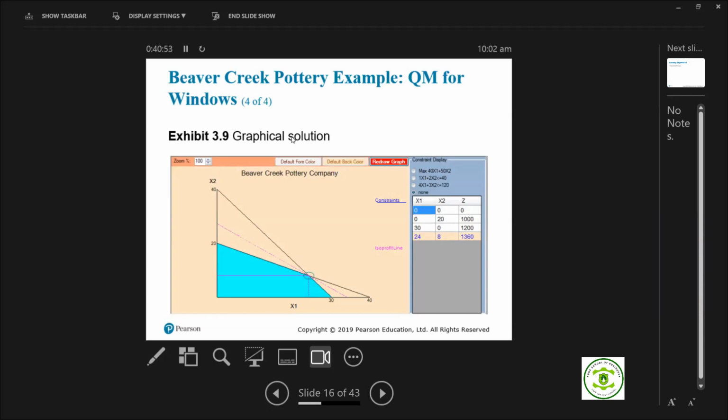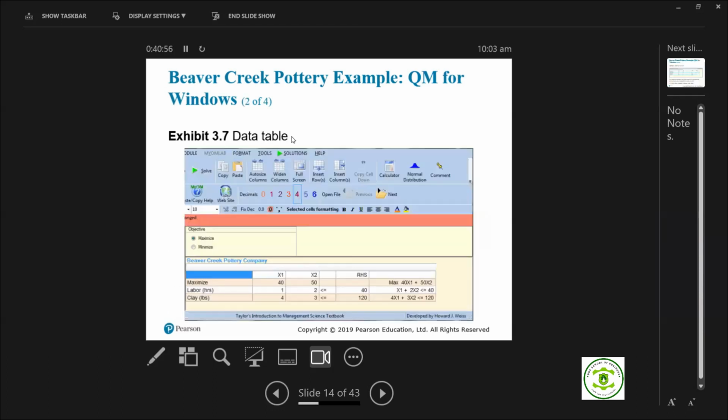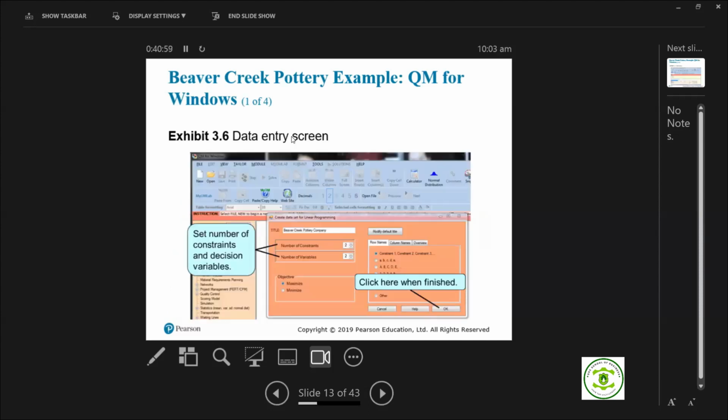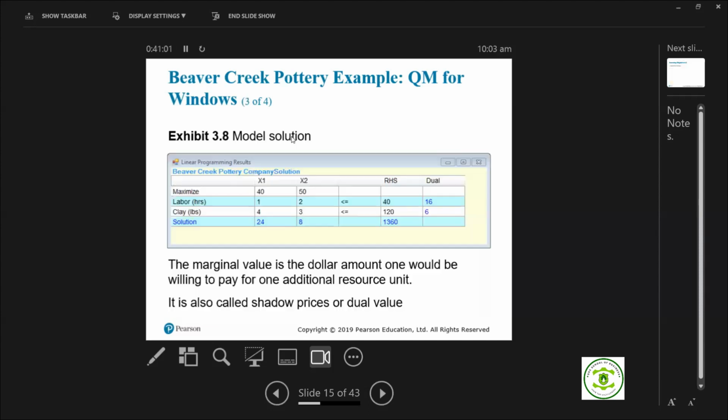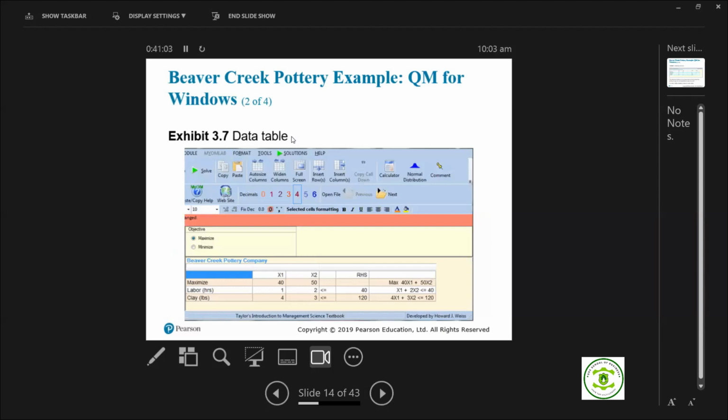So at the top there, you see solution list. If you want to pick on any of the solution values, over here, you see solution list. If you click on it, all the solutions that have been provided will be shown. So you can click on them. If you want the graph, you can click on it.